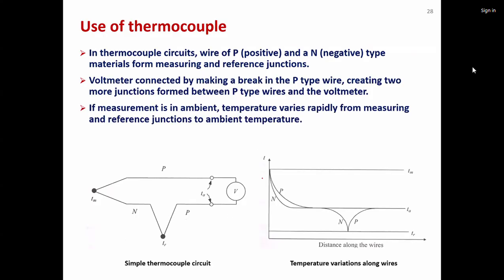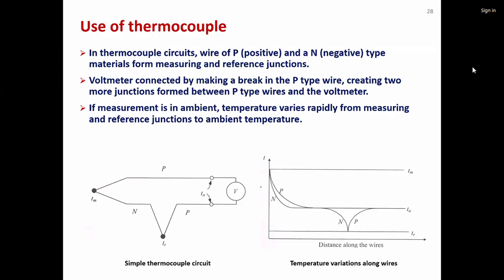If I plot the temperature variation along the length of the wire, I have the length of the wire here on the x-axis, and temperature on the y-axis. This is the hot junction temperature, which is Tm, the measuring junction temperature. And this is the ambient temperature, which is where the voltmeter is connected.